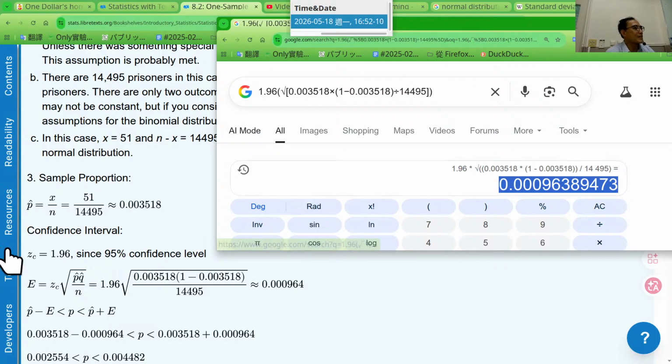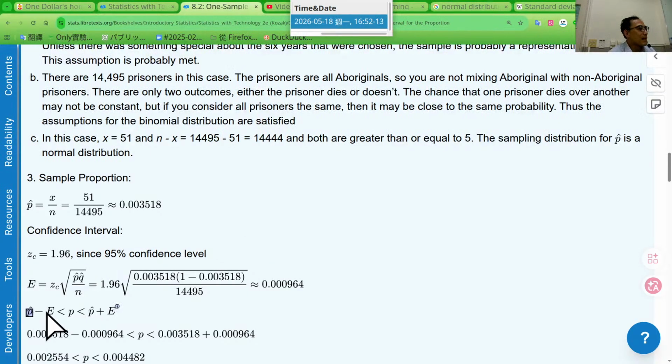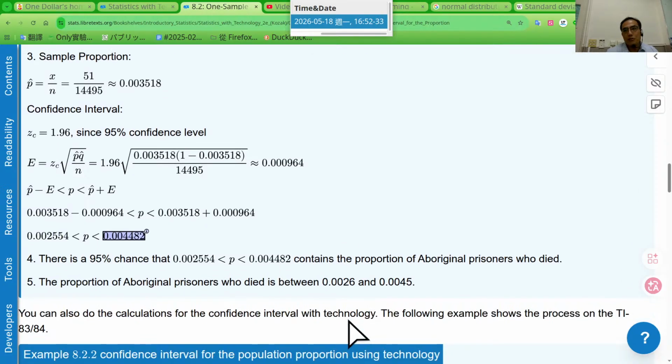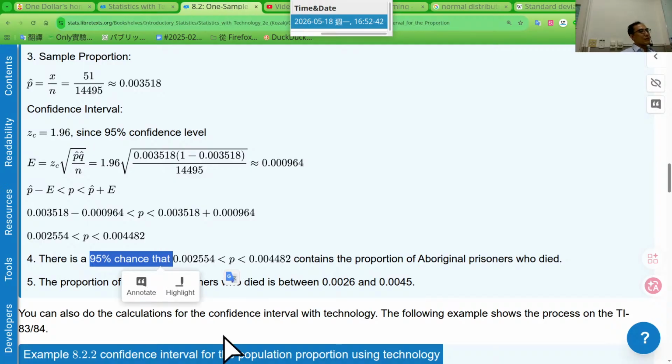Okay, and next, from the formula, p-hat minus E and p-hat plus E. Is it okay? Then we get the answer here. Close to the end, we can say that there is a 95% chance that the population proportion is in the range between 0.002554 and 0.004482.